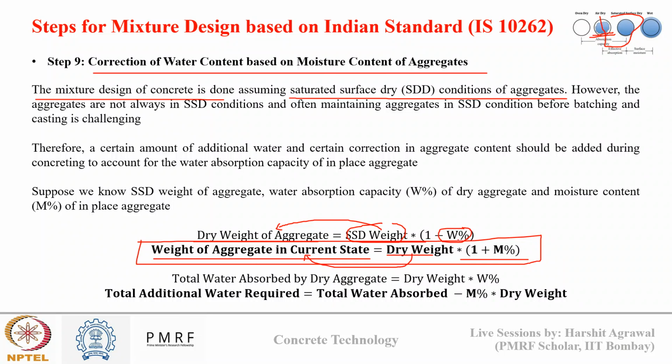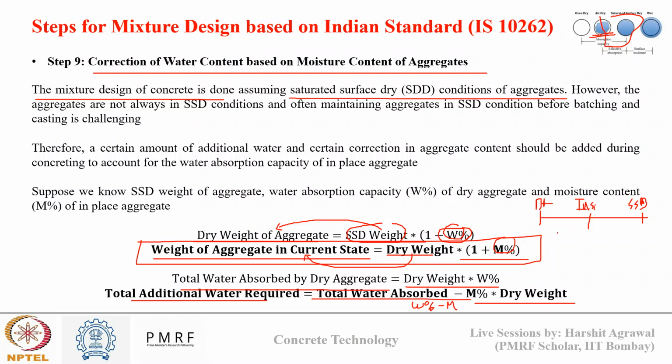Now, how to take into account the extra water that is needed? The total water absorbed by dry aggregate will be dry weight times W percent, and the total additional water will be total absorbed water minus M percent of dry weight. So it is basically W percent minus M percent. This was my dry aggregate, this is my in situ aggregate, the aggregate that I have in reality, and this is my SSD aggregate.